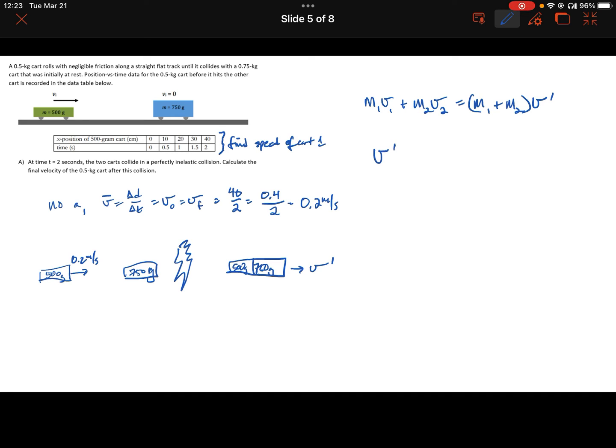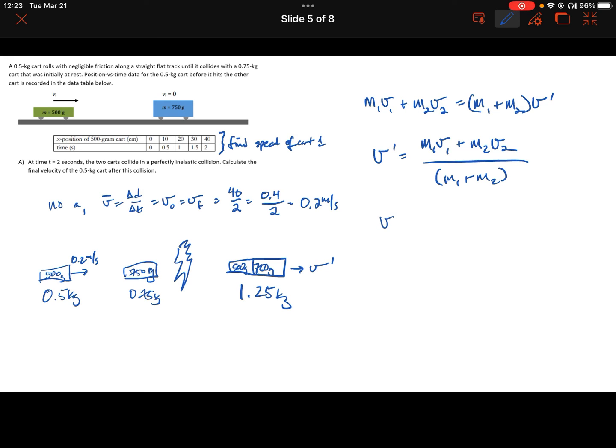So our final velocity is going to be equal to m1v1 plus m2v2 divided by the combined mass. Since all our masses are in grams, we could just use grams. The units will cancel out. But if you choose to use kilograms, which I would recommend just because so many of our other units require us to use kilograms, then this is 0.5 kilograms, this is 0.75 kilograms, and this would be 1.25 kilograms.